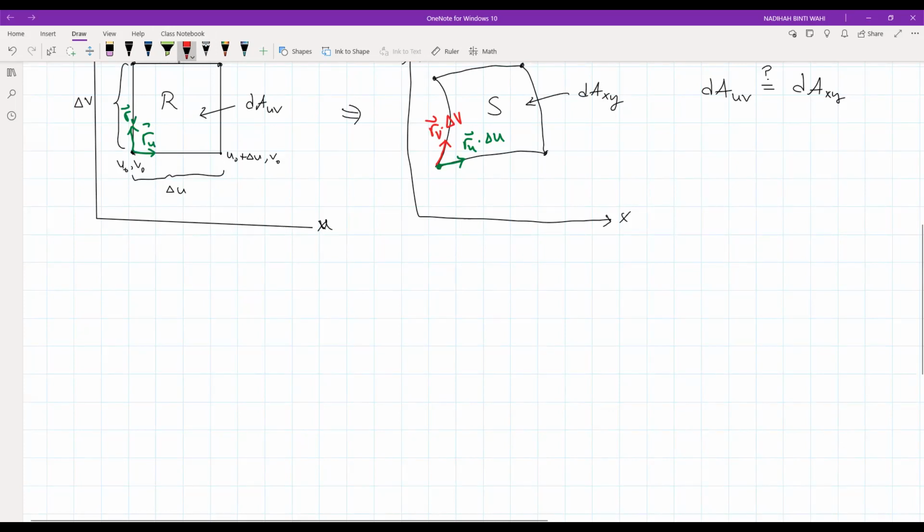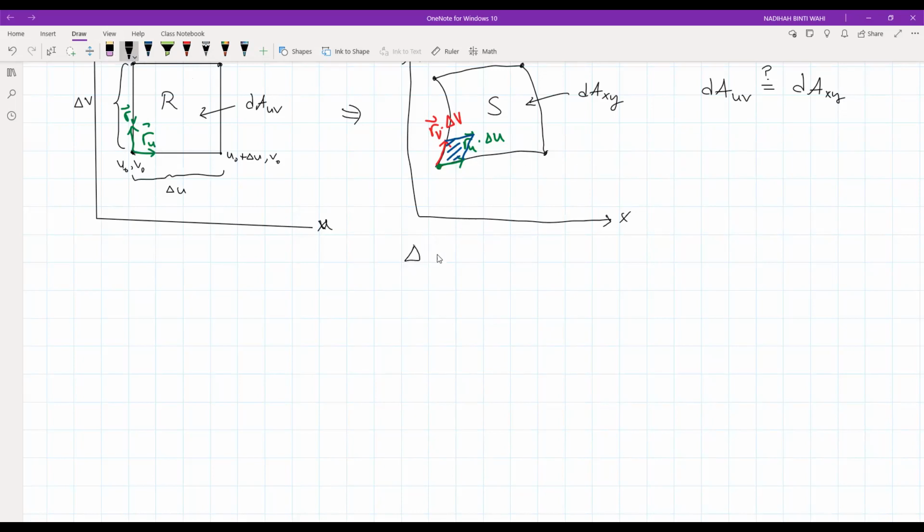Okay, so if I want to find the dA, the small area in this particular parallelogram, so this is dA. This is an approximation, not yet the whole thing.